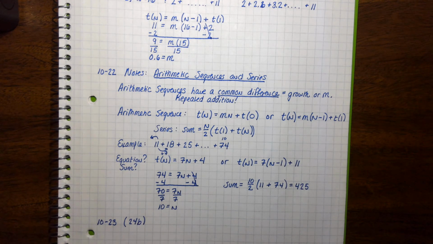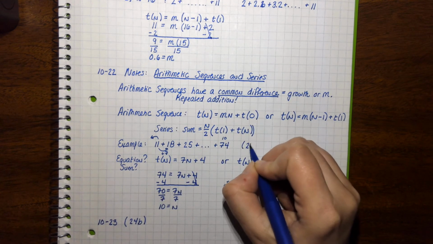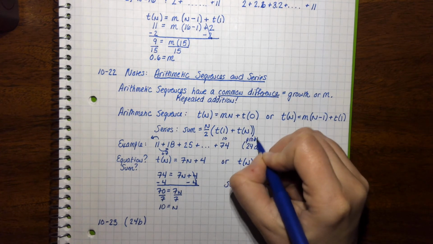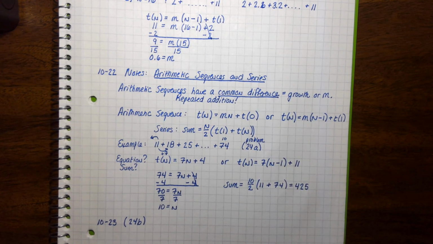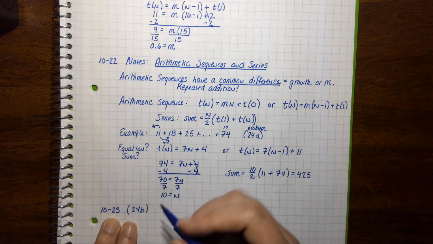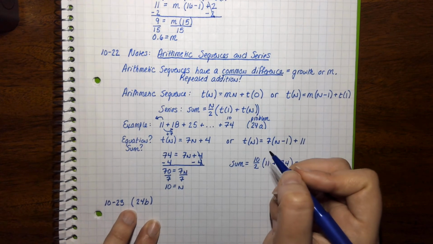If you noticed, by the way, our notes was actually problem 24a. Okay. So we are going to do problem B from 24 as our 23 because it told us to come up with an example. So look, I did.